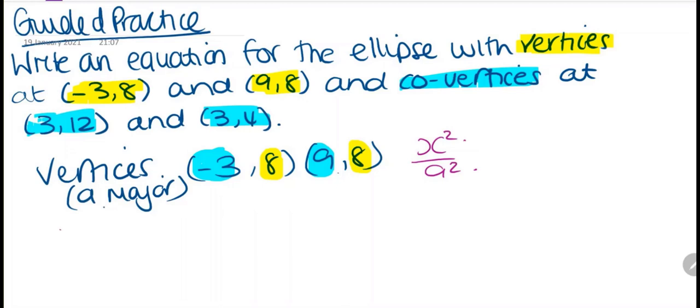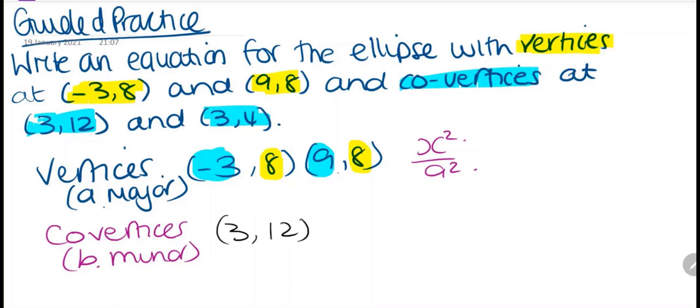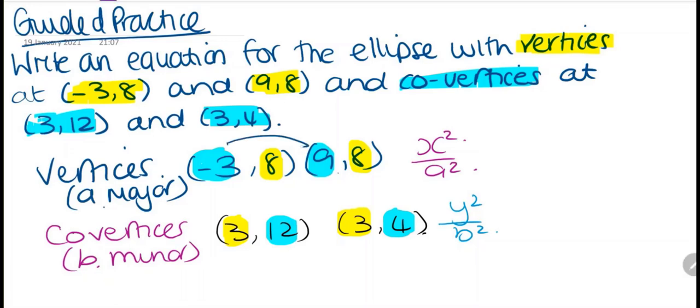And then we have our co-vertices. This is on the minor axis, and this will be b. The coordinates are (3, 12) and (3, 4). So the 3s are the same and the y values are different, so y squared will go with b squared. We can use the distance formula, or we can just look at the distance between these points.